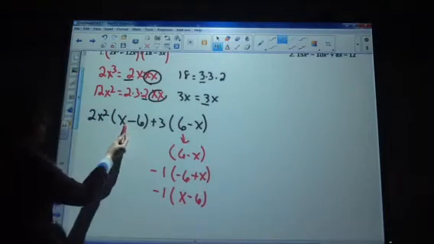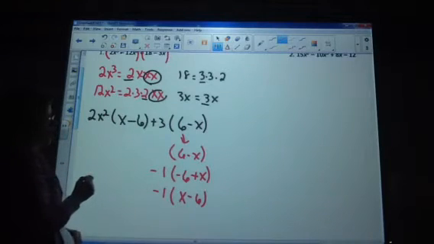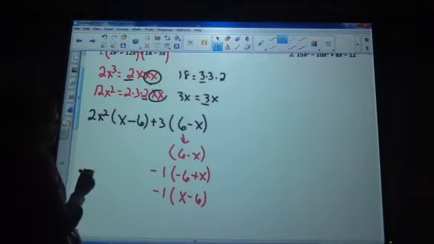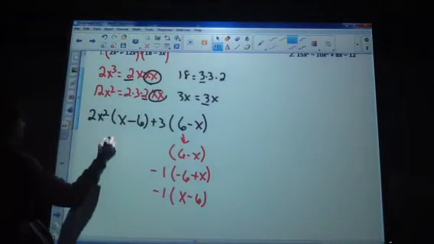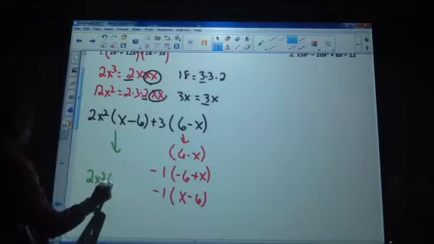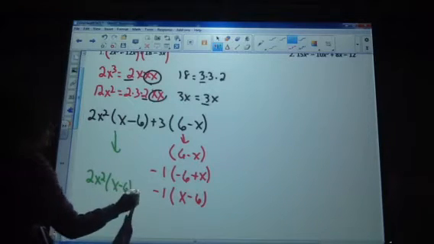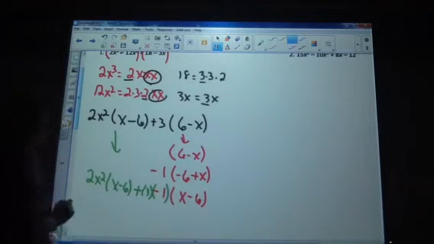And look what we have. We have a common binomial factor, which is what we're trying to do. Okay, so that's why this is called opposites. So let's bring down the rest of the problem here. I'm going to bring it down in green. So I have my 2x squared, x minus 6, plus 3, and then the rest of that.